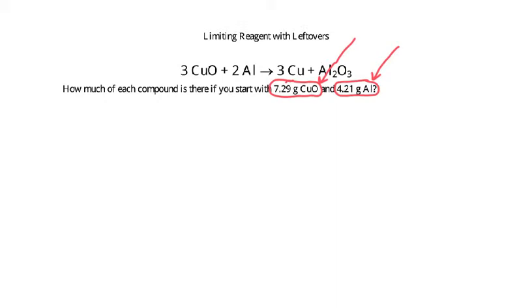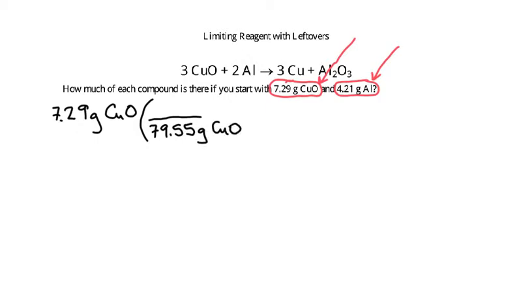reagent. So we're going to start with 7.29 grams of copper 2 oxide. We know from the molecular weight that 79.55 grams of copper oxide, copper 2 oxide, is in 1 mole of copper 2 oxide. That's the molecular weight.